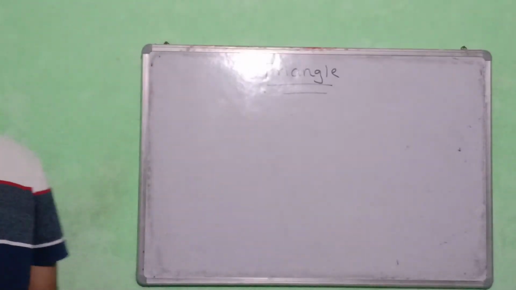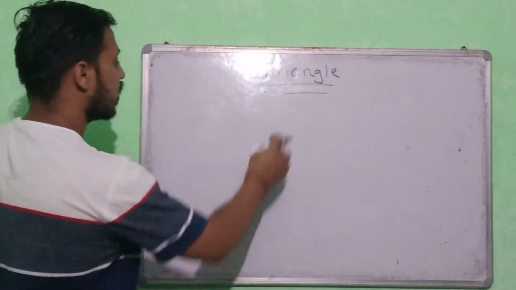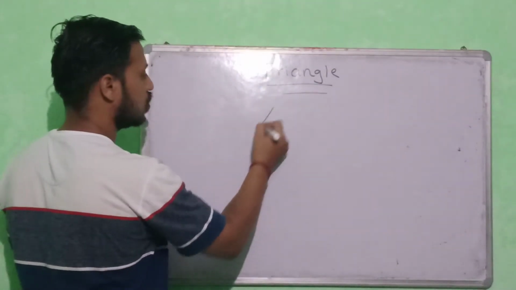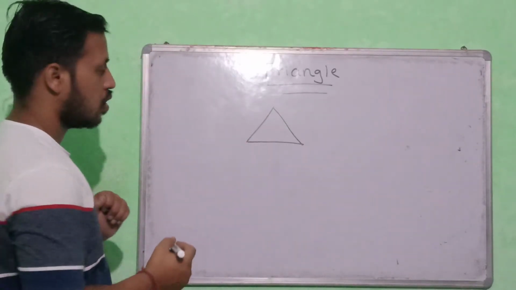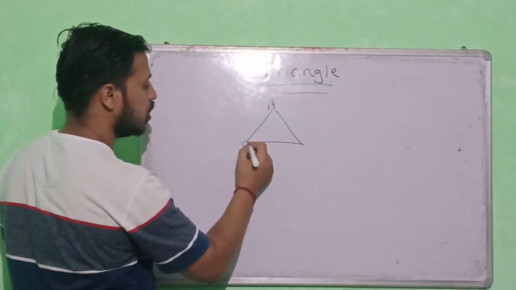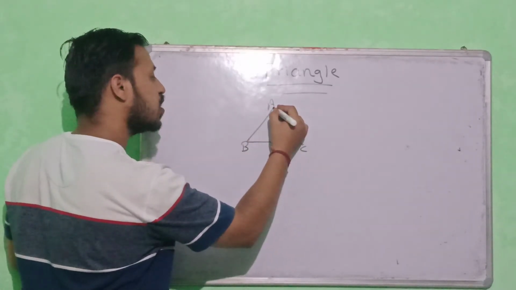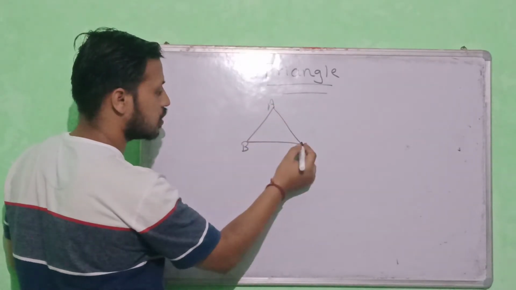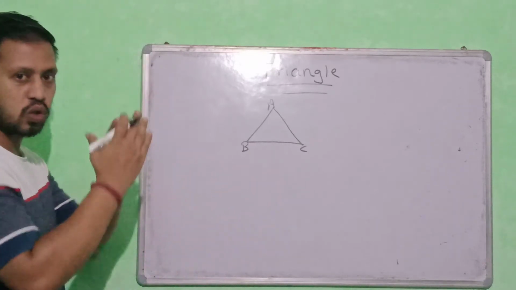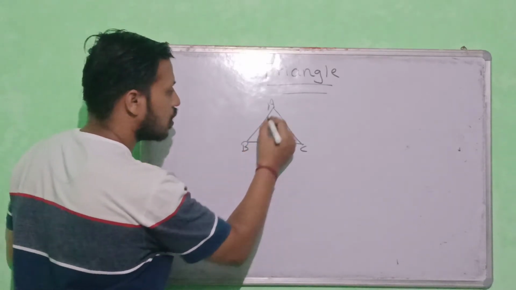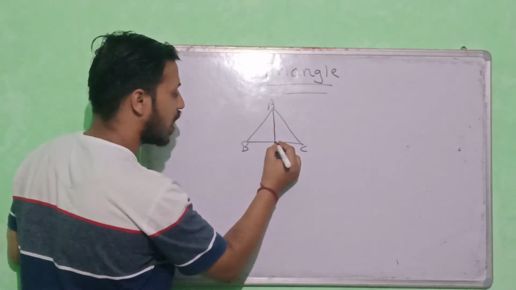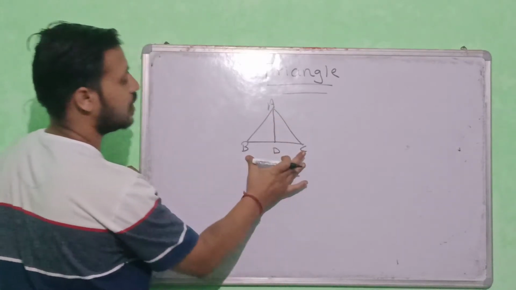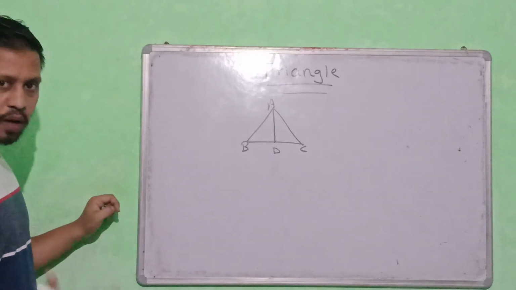Next, I will talk about the triangle. This is a triangle ABC. The point where two lines join is called a vertex. I draw a line segment here which bisects the line segment BC into two equal parts.